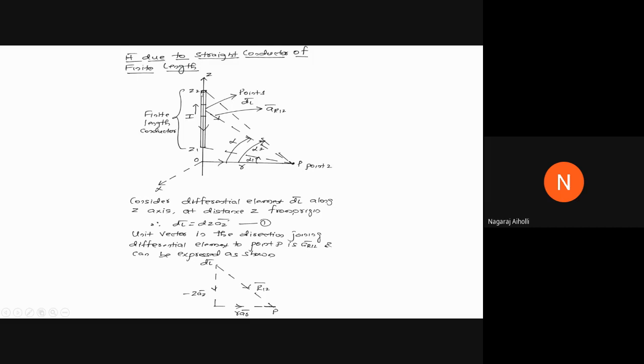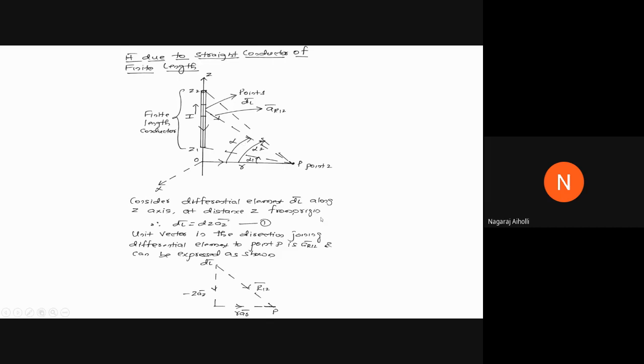These points make angles alpha 1, alpha 2 and alpha. The angle between the lower point and P is alpha 1. The angle between the upper point and the point P is alpha 2. The angle between the elemental length and the point P is alpha.